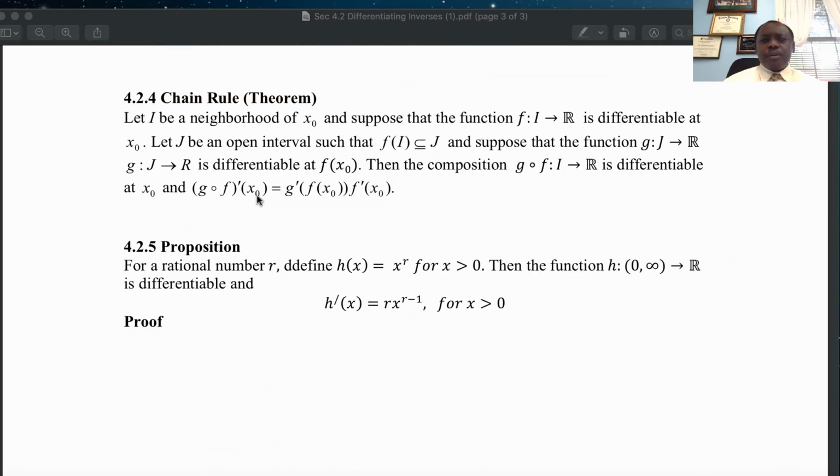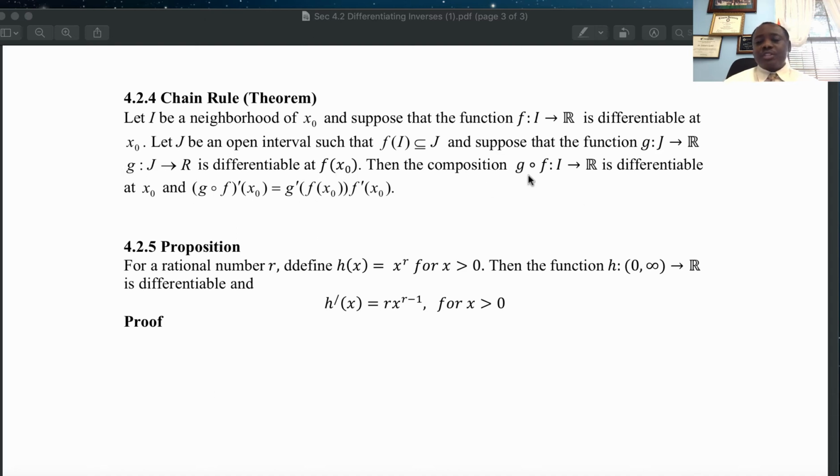Theorem 4.2.4, the chain rule. Let I be a neighborhood of x0 and suppose that f from I to R is differentiable at x0. Now let's consider J. J is an open interval such that f of I is a subset of J. Now suppose that the function g from J to R is differentiable at the point f of x0.